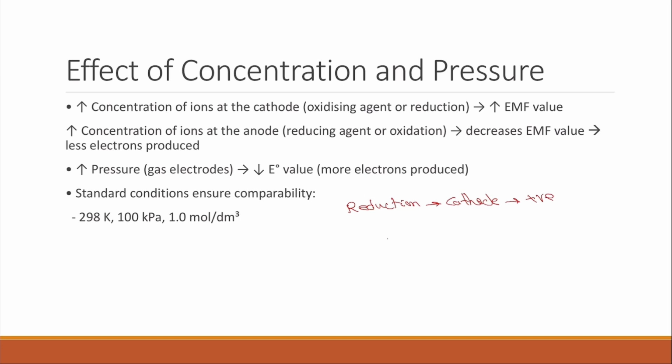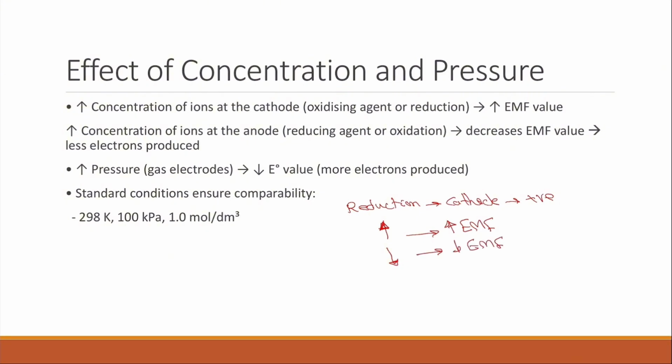If you increase the concentration of the ions at the half cell where the reduction takes place, that will lead to an increase in the EMF, and vice versa. If you decrease the concentration of the solution at the reduction, that will decrease the EMF.